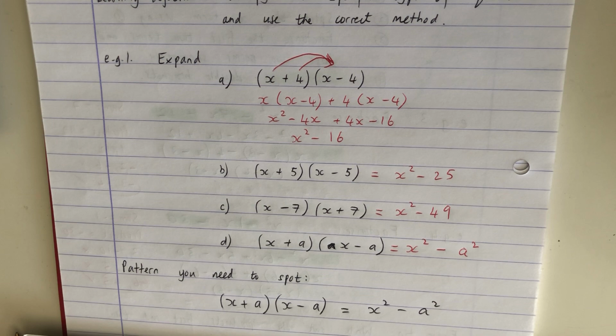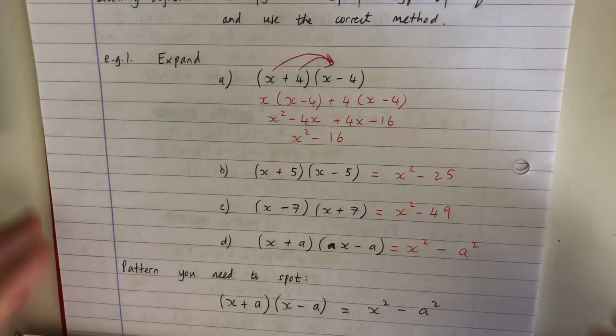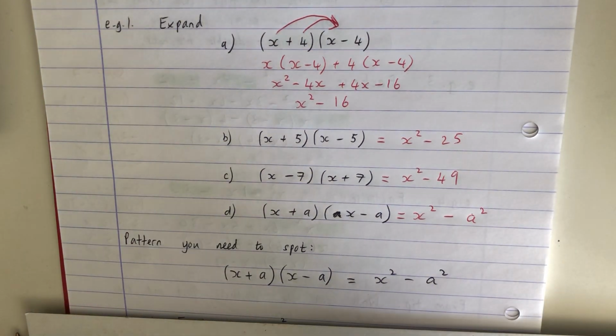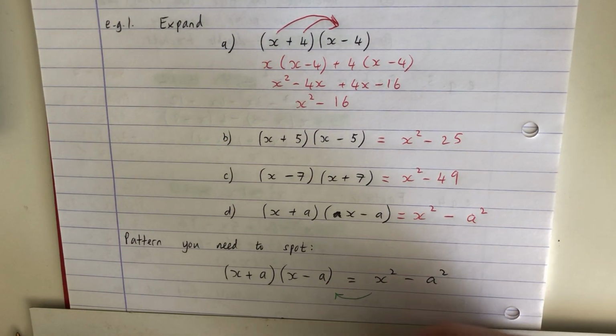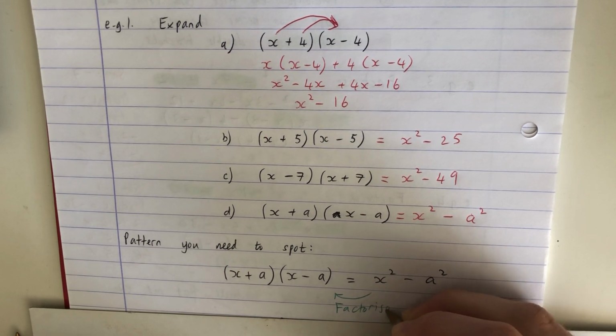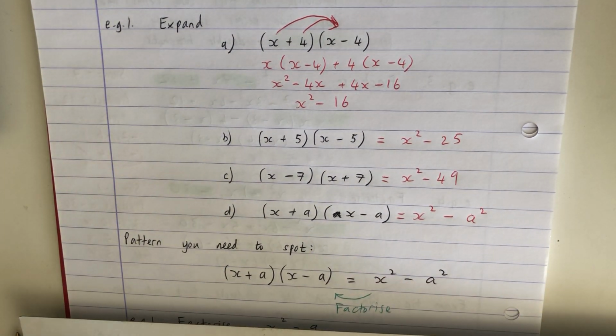Okay, and in particular for today, going in this direction is the direction we're interested in. We're trying to factorise x squared minus a squared.